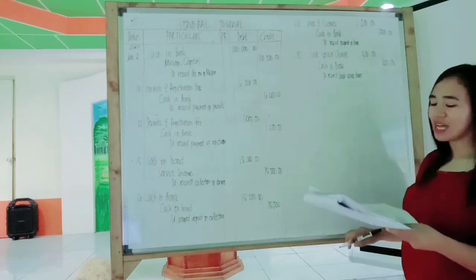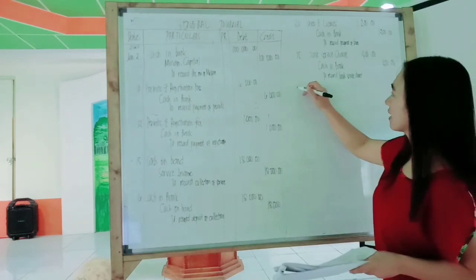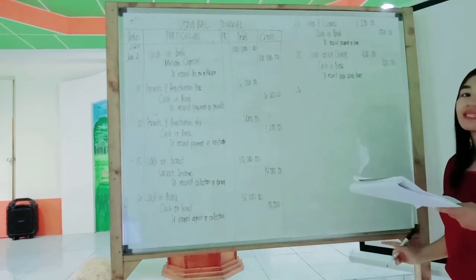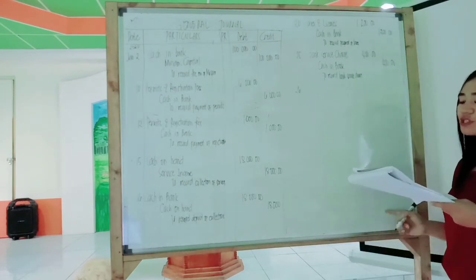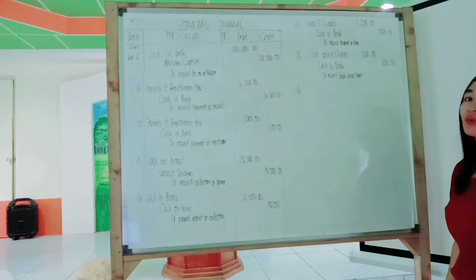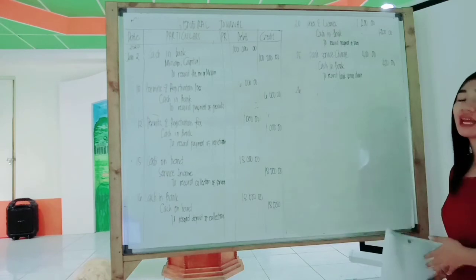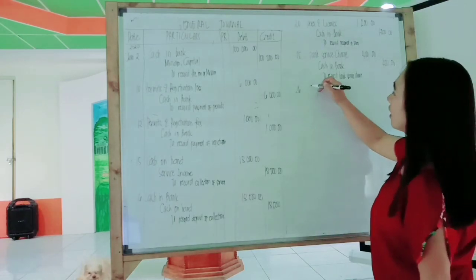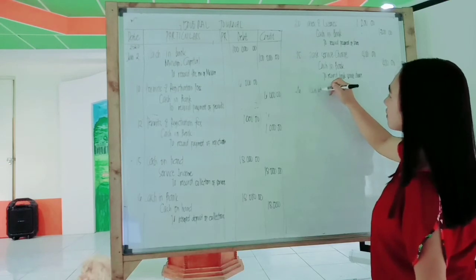Next, transaction 26. So, noong January 26, nag-bill tayo sa clients natin for services rendered at an amount of 20,000 pesos. So, nag-render tayo ng service, hindi natin na-collect. That will fall under accounts receivable.